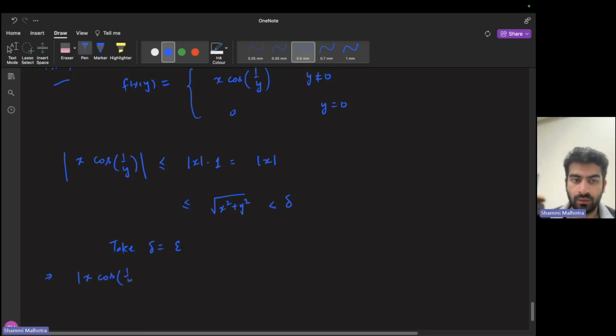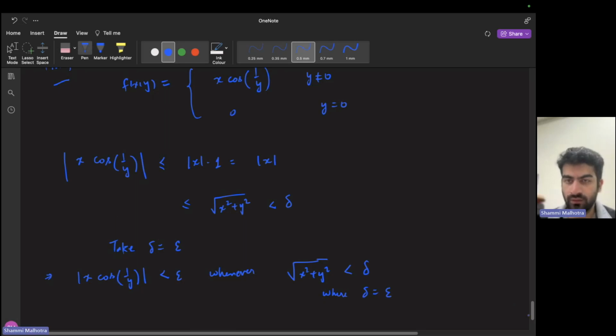So this will imply |x cos(1/y)| is less than epsilon whenever the square root of x squared plus y squared is less than delta, where my delta is given as epsilon.